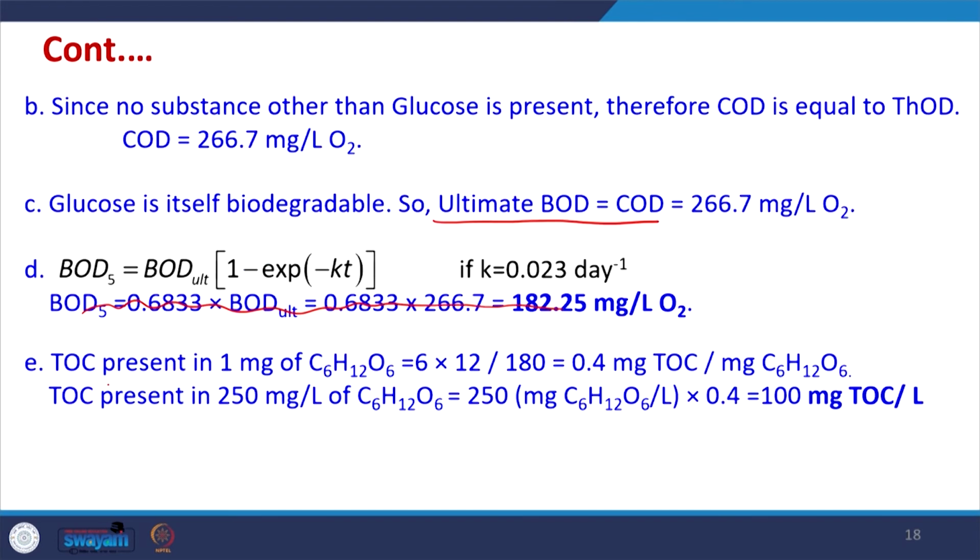So, for TOC, 1 milligram of glucose contains 0.4 milligram of TOC. That means if glucose is 250 milligram per liter, the overall value can be estimated, and it will be 100 milligram of TOC per liter.